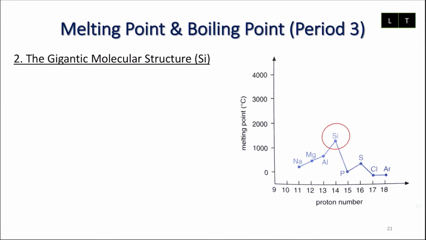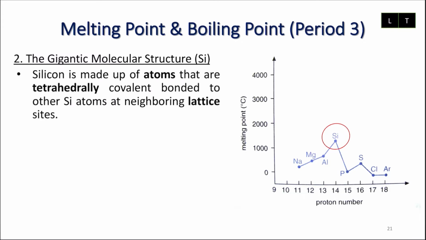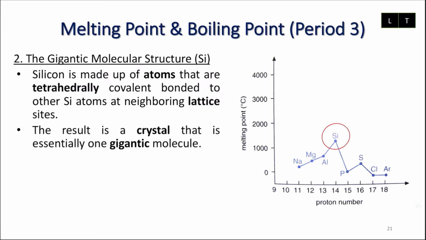Next part, kita go for the gigantic molecular structure for silicon. So silicon is made up of atoms that are tetrahedrally covalent bonded to other silicon atoms at neighboring lattice sites. So apa maksud this one? Dia dibentuk oleh Si atoms yang sangat banyak dalam bentuk tetrahedral dan menghasilkan a crystal that is essentially one gigantic molecule.